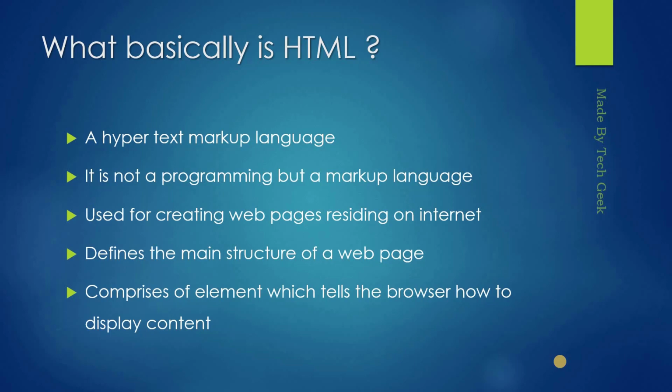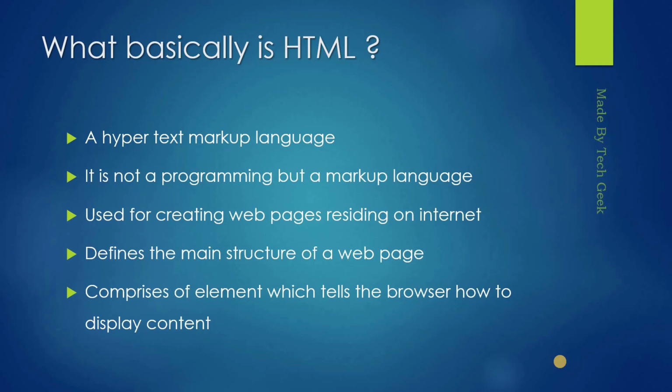Another important thing about HTML is that it is used for creating web pages, which reside on the internet or a web server, you can say. What are web pages? In the normal day routine, you can see that there are different web pages. You search a term on Google or another website, for example Bing, and it redirects you to some other page, and from that page you can go to another page and so on.